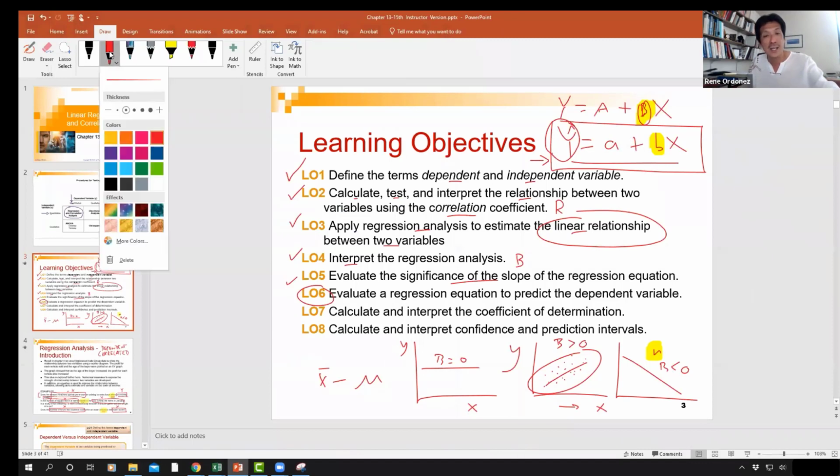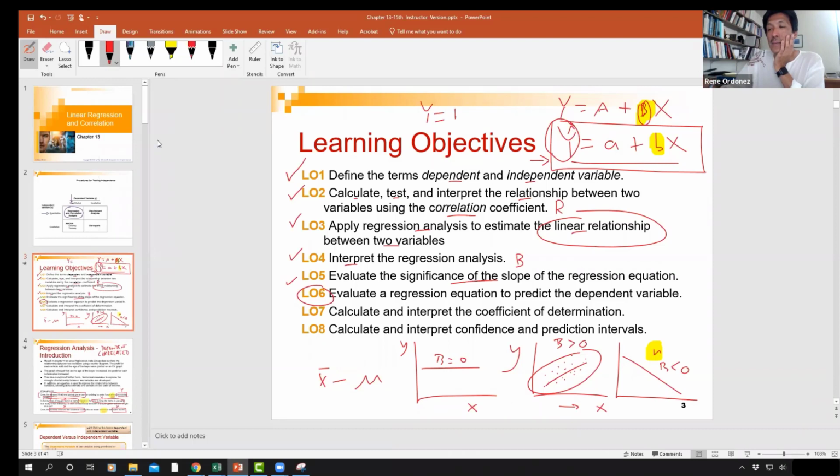Excel uses the algebraic symbolism like this, mx plus a, something like this. But the interpretation of a, which is the y-intercept, and m, which is the slope, the interpretation of these two numbers is the same.